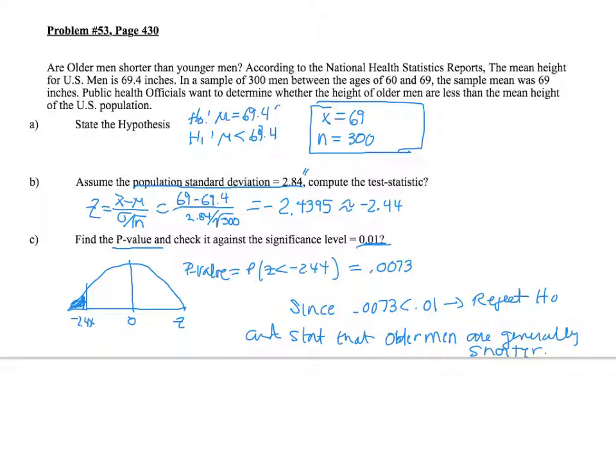And we could continue on. I don't have enough room, but we would want to say that older men are generally shorter than the U.S. population based upon this particular sample. Another sample may not give us the same piece of information, but at least we have that kind of statement at the end.